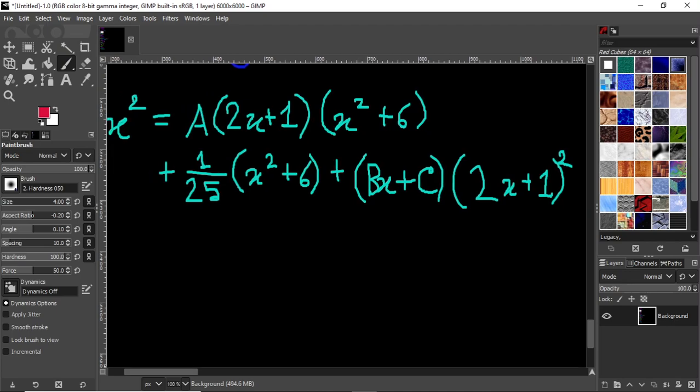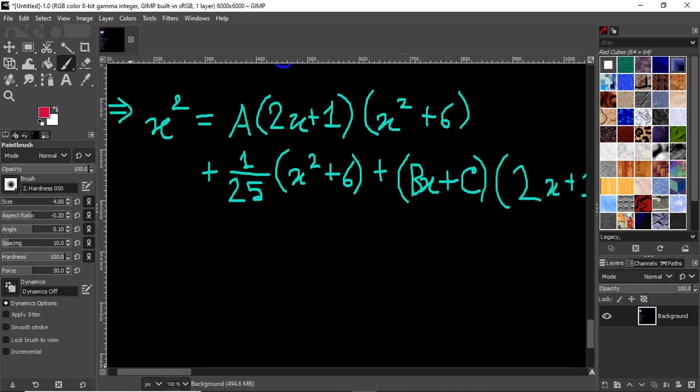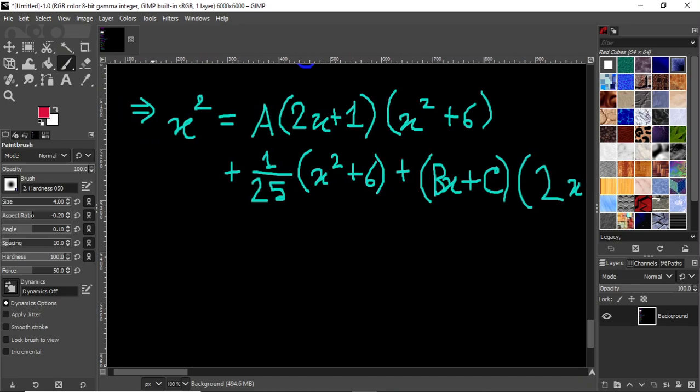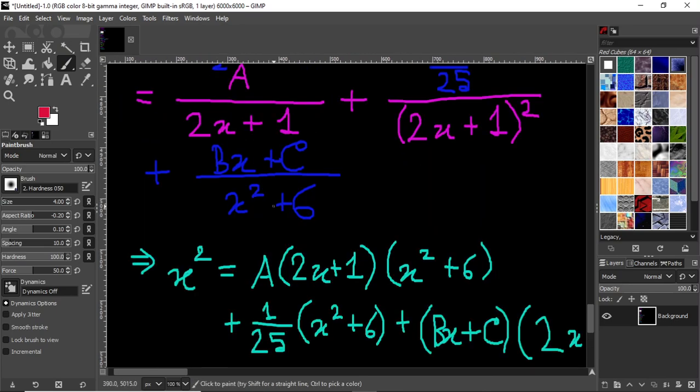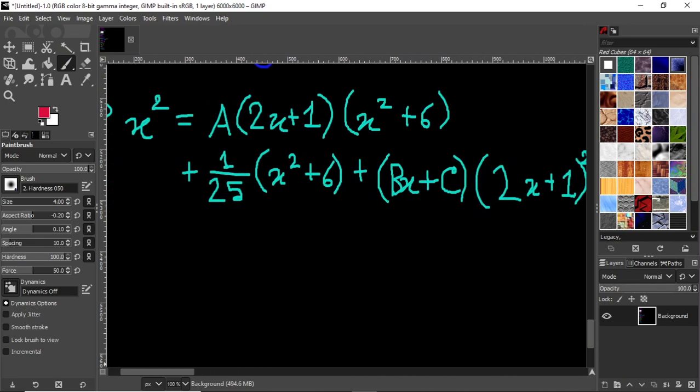Okay, we have an x squared here, and okay, so as you can see, one thing we can do, we can substitute some values of x and make some simultaneous equations, and then solve for the unknowns.